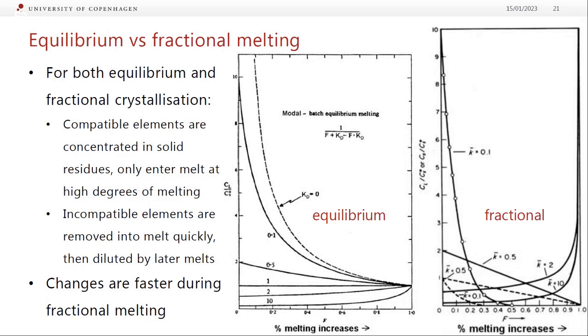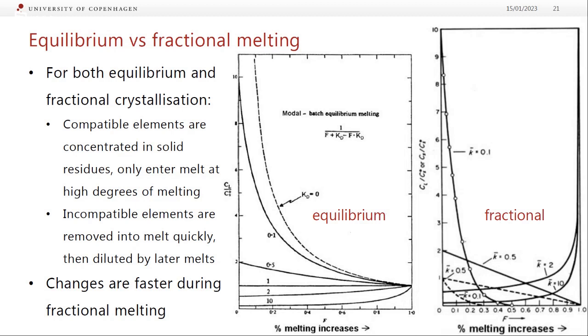And then right at the very last stages of melting, once we've melted 100%, we have to end up with the same concentration in the liquid as we started with, because we've got to have the same average composition. So in equilibrium melting, we start off low for compatible elements, and eventually we get to the same as our starting composition. And for incompatible elements, they are highest at the smallest degrees of melting.